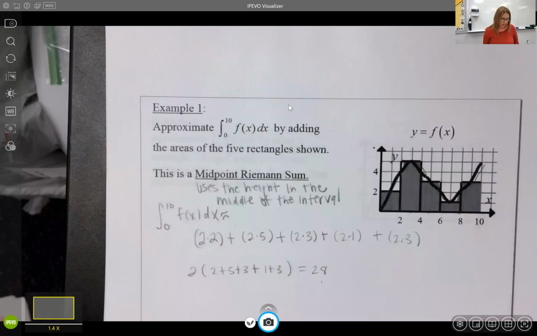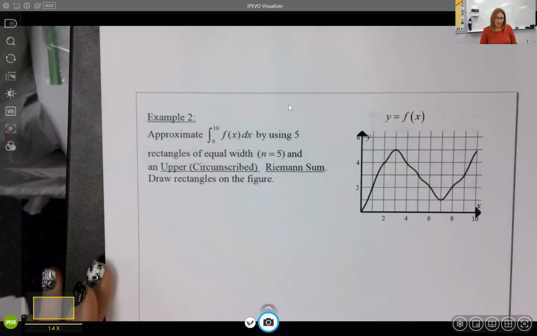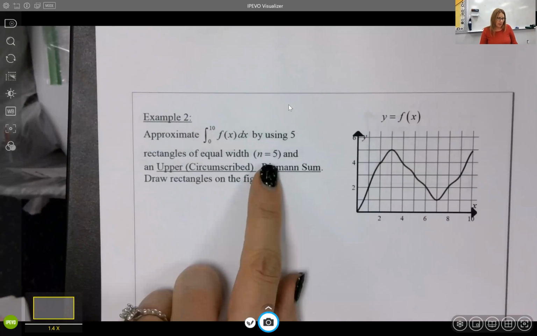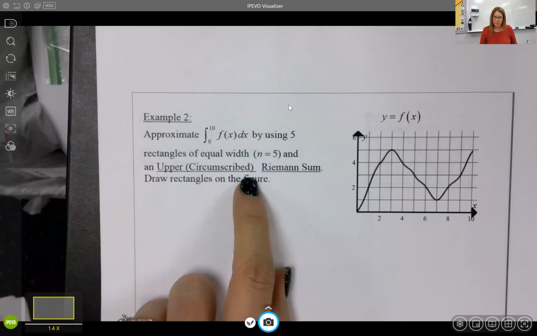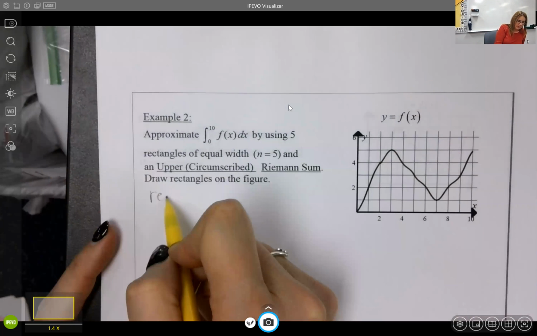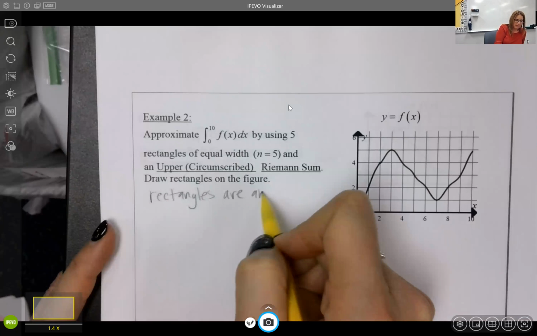Okay. All right, the next example says approximate this area by using 5 rectangles of equal width with an upper sum, which means a circumscribed Riemann sum, okay? This means the rectangles are above the graph.